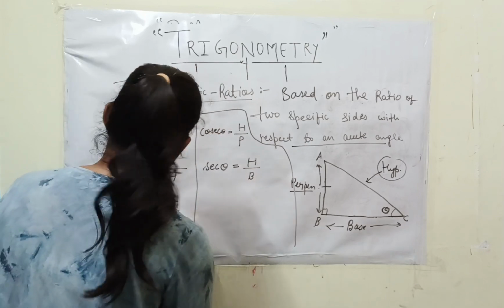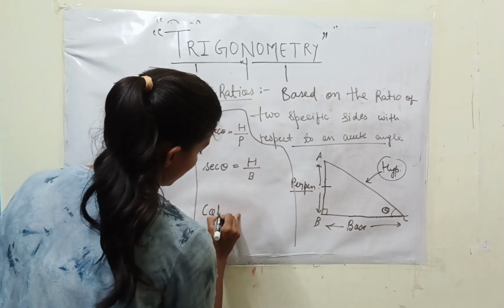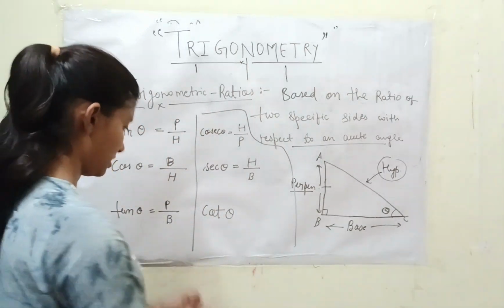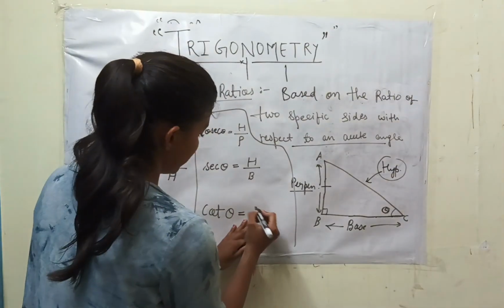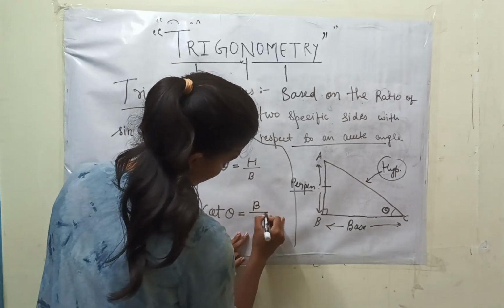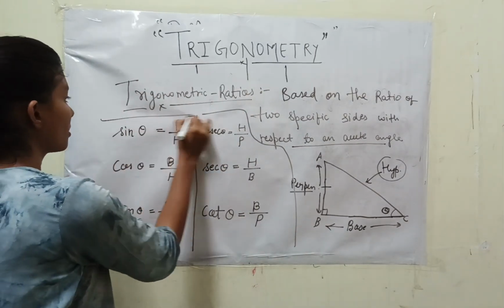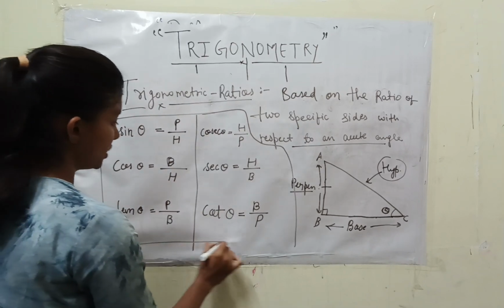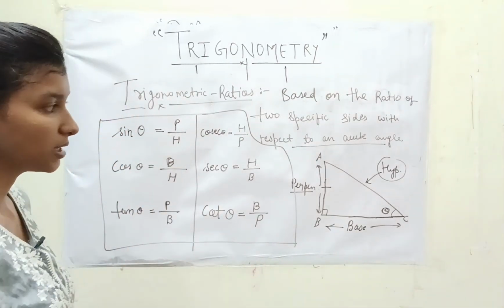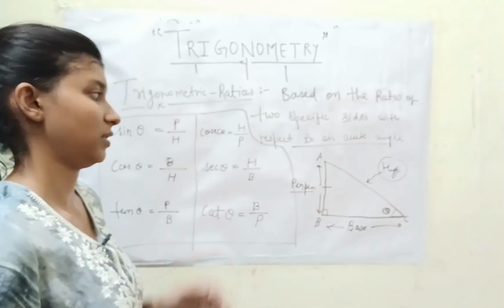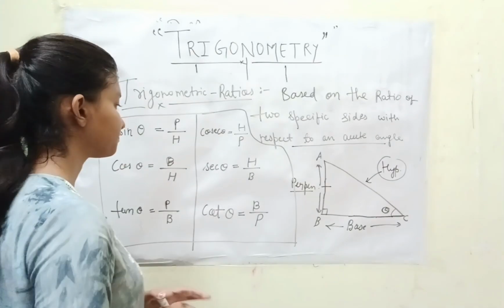And if we reciprocal tan theta, we have another trigonometric ratio, which is cot theta, base upon perpendicular. So these are the trigonometric ratios which allow us to study the triangle more conveniently than our prior studies.